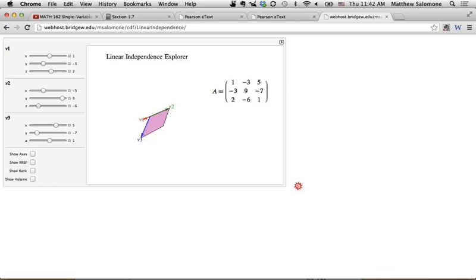If I take some linear combination of v1 and v2, I'm guaranteed to get something which also is parallel to v1 and v2. So the only v3s that I can get as a linear combination of v1 and v2 are v3s that live along this line, because v1 and v2 were parallel.